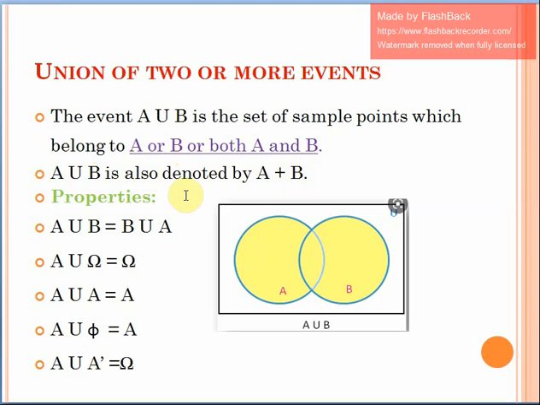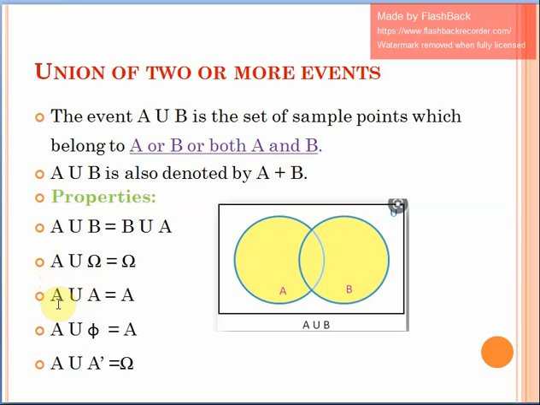So what are the properties of this union of two or more events? A union B is same as B union A. That is the first property. The second property is A union omega equal to omega.